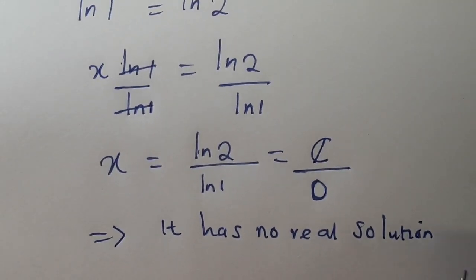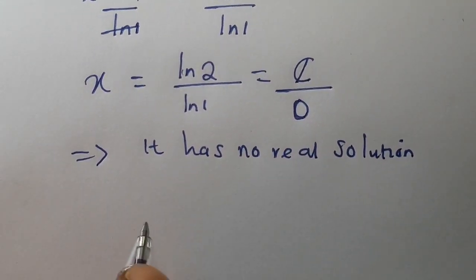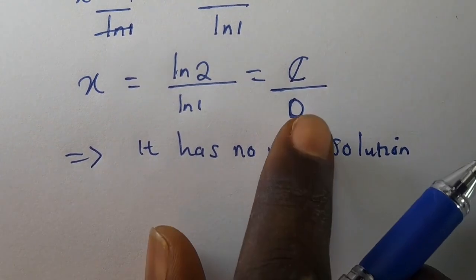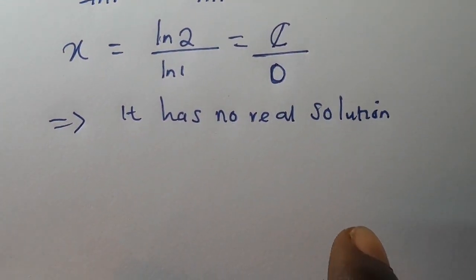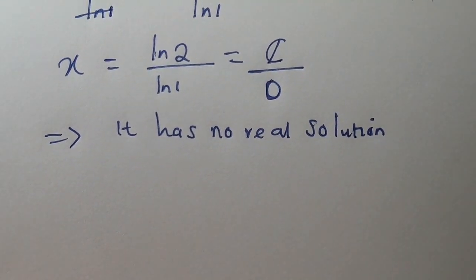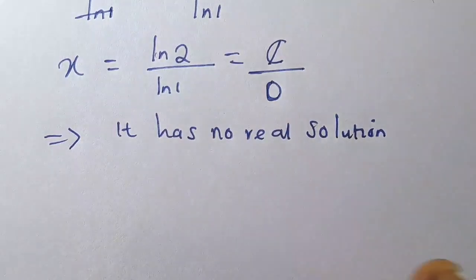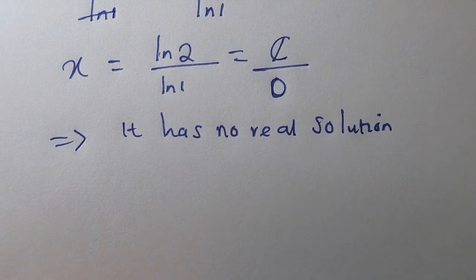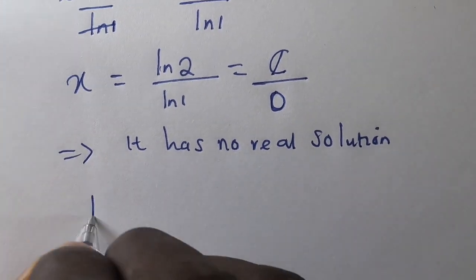But recall that this problem has a complex solution, and to solve for the complex solution, let us recall what we call Euler's formula.